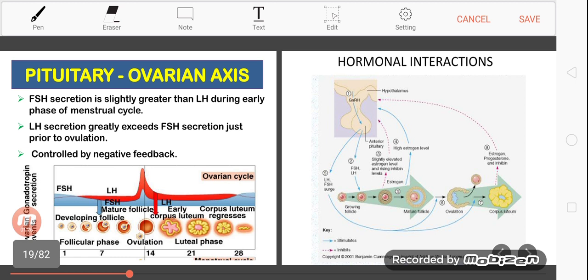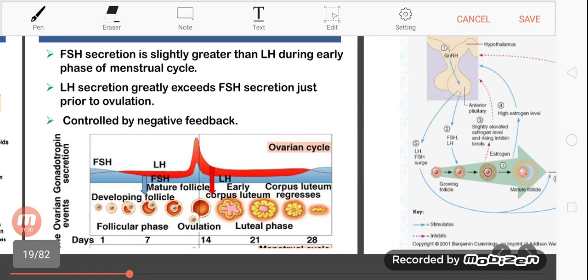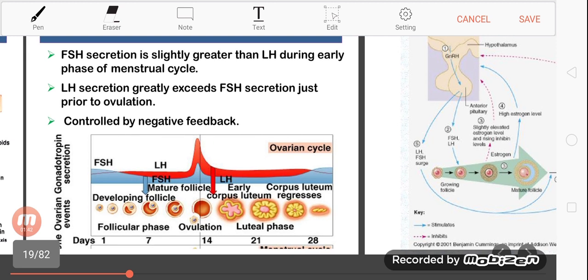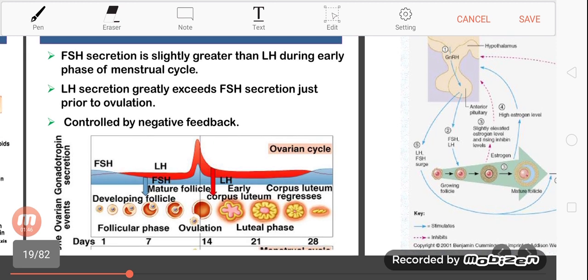In terms of timing, you can see here at day 1 until approximately day 4 or 5, FSH secretion is slightly higher. This FSH will stimulate the follicles to start their development or to mature.